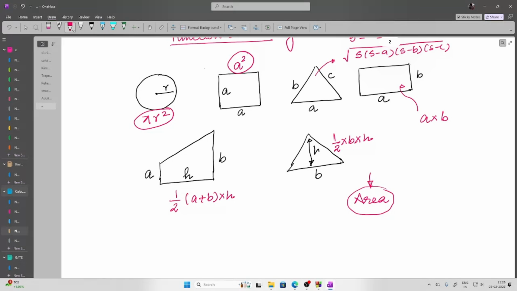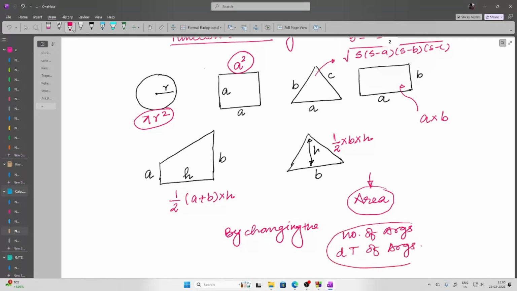And argument variation means either you change the data type of the arguments, or you change the number of arguments. So just by changing this, the function will get changed.